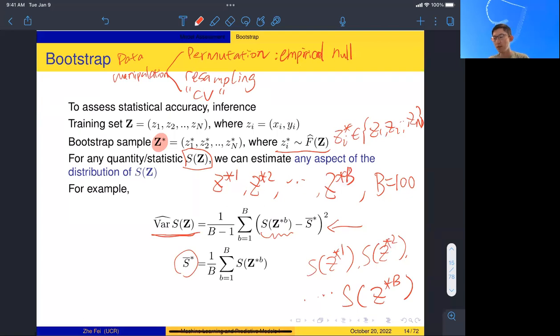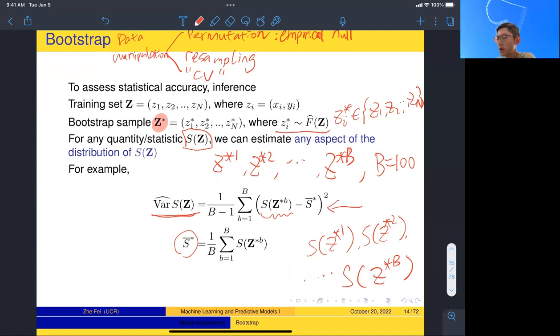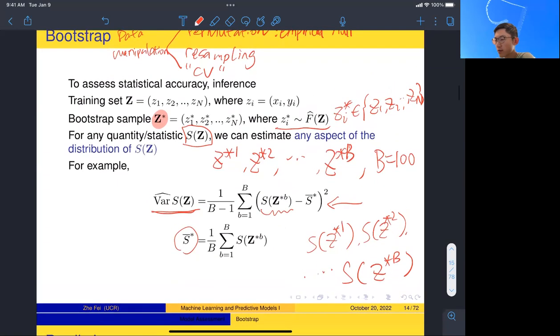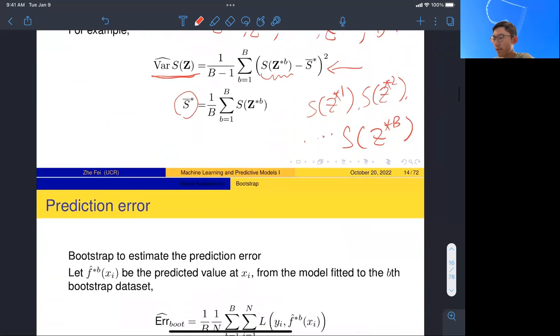We have B of them, and the variation of these B statistics is used as the estimate for our original variation of S. You could think of this as cheating, but it's very elegant in the sense that you get 100 data sets from your original one.